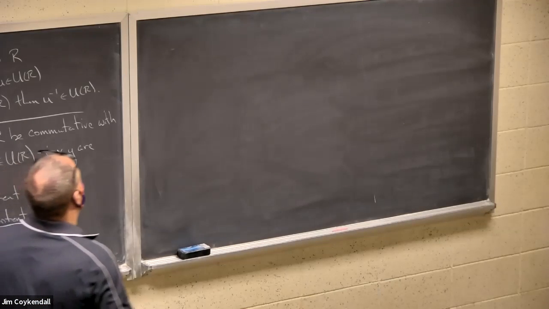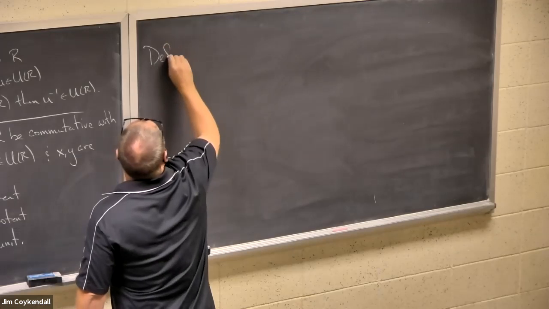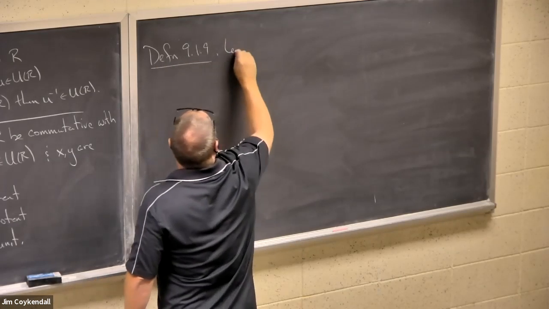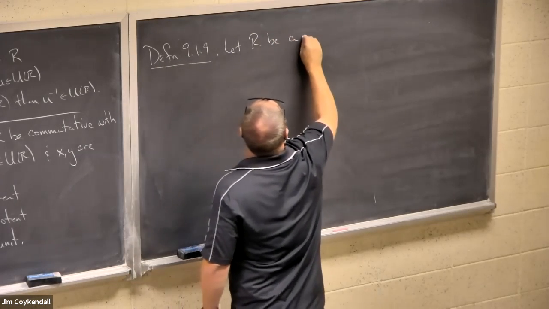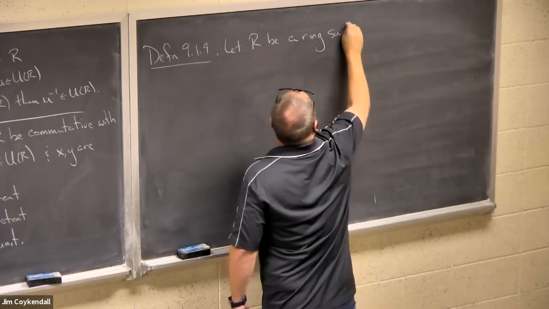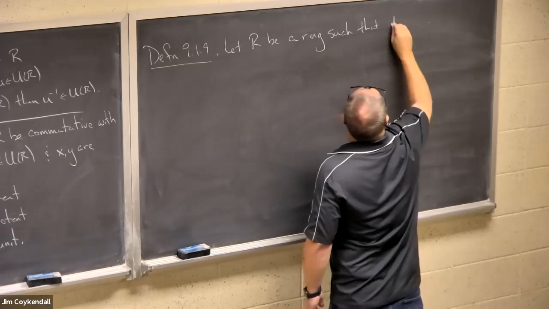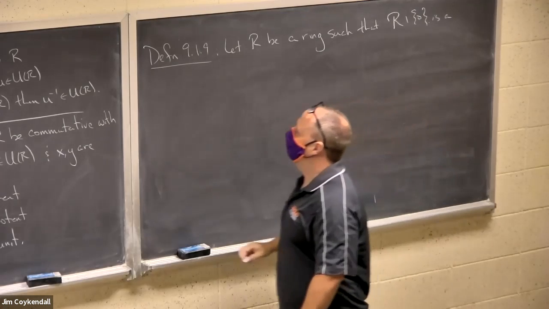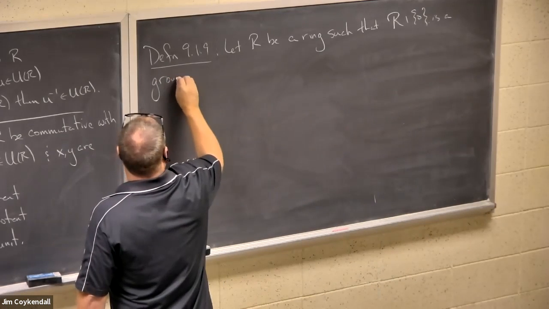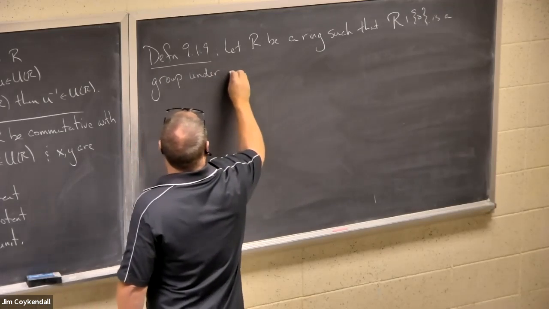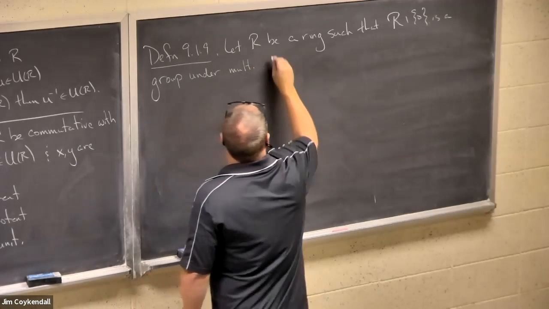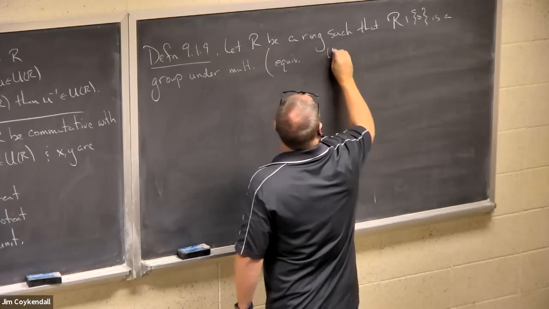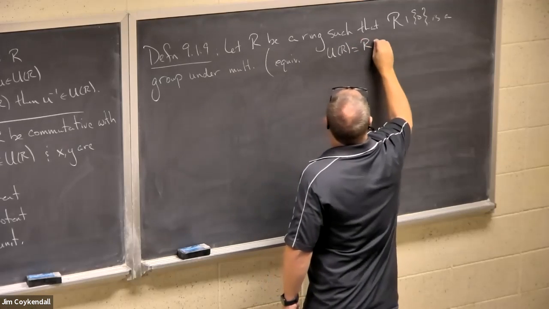Definition: a ring R with identity such that R minus 0 is a group under multiplication, or equivalently, the units are R minus 0.